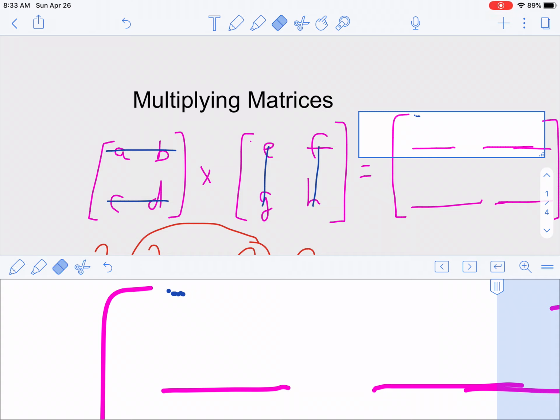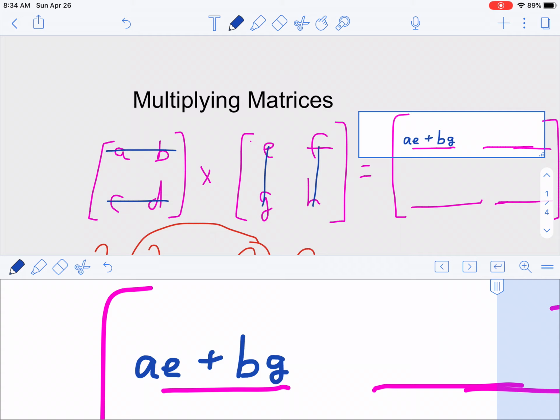So I look at the first row and first column of the two matrices. The first row of the first matrix is A and B. And then the first column is E, G. And then I add them together.